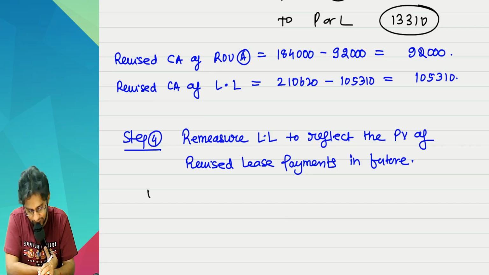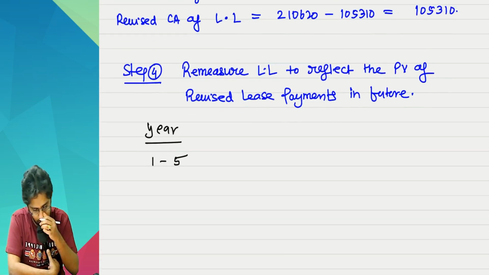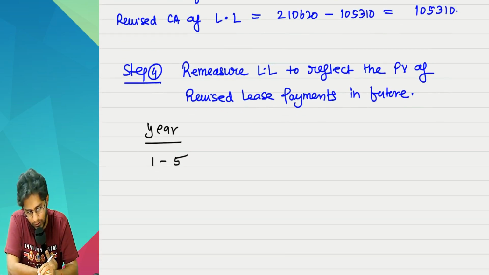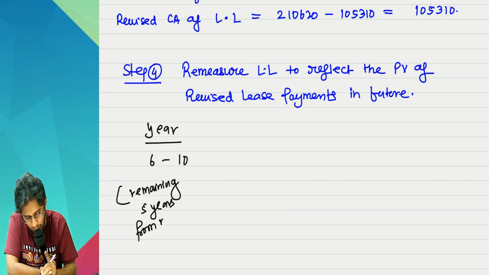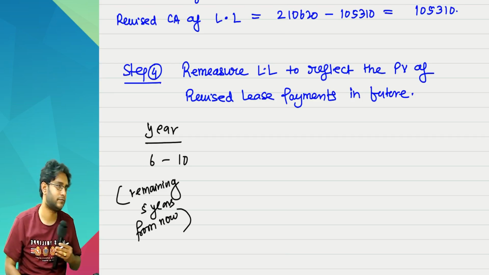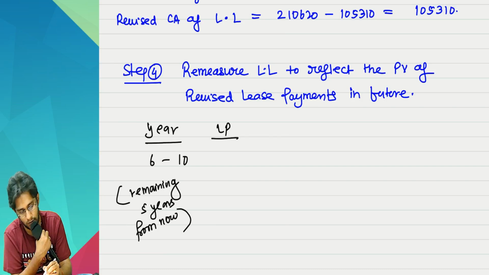So what's my remaining life? What are the lease payments revised for? 30,000.